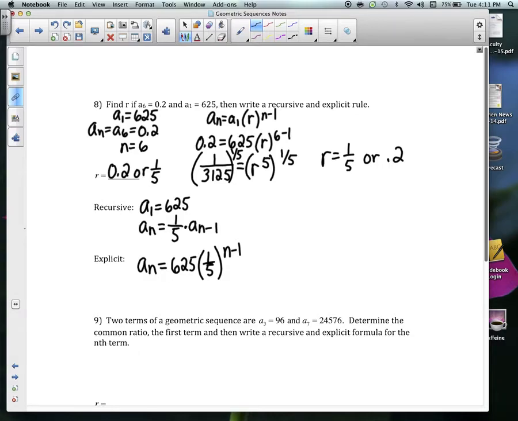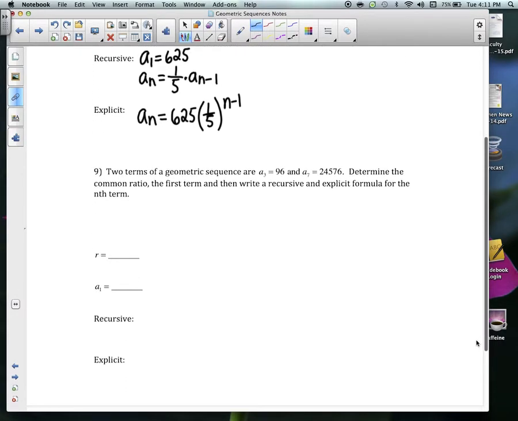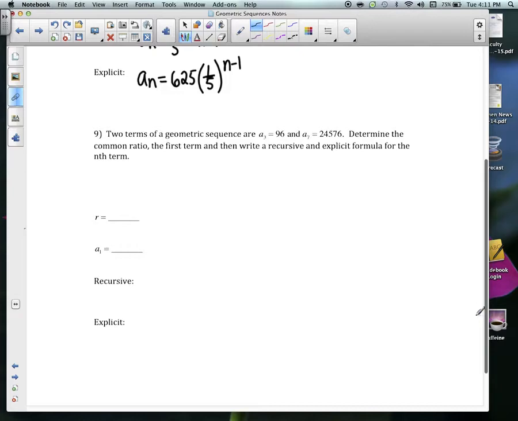Our last one's a little trickier, but I'm going to show you some ways to kind of figure out how to do this without using systems of equations. It would be kind of tough with exponentials. So I'm writing it out as like a blank space question.